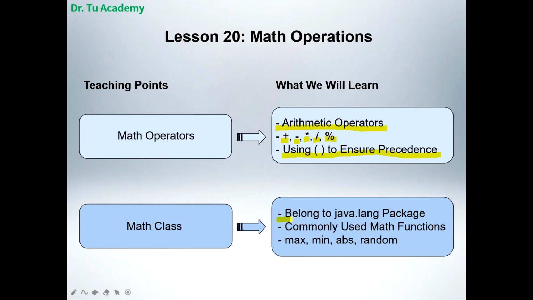For complex operation, we use Math class. It belongs to java.lang package. The most commonly used math functions are max, minimum, absolute values, abs, and the random to create random number.